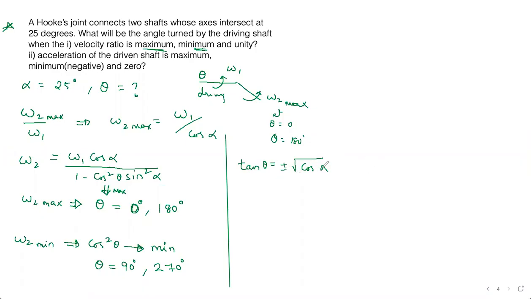Just substitute 25 degrees in alpha's place, and you are going to get the answers. So let me do the calculation for you. It is under root of cos 25 degrees. So I got this answer as tan theta is equal to plus or minus 0.952.